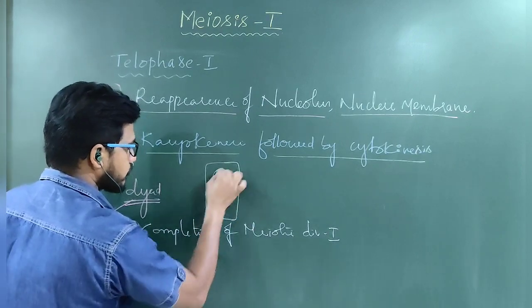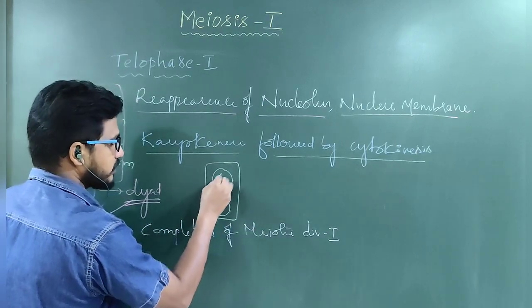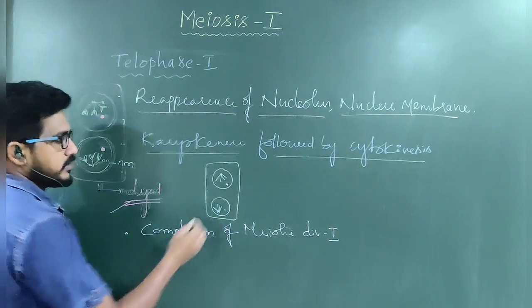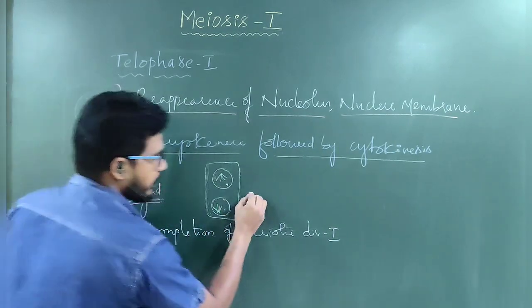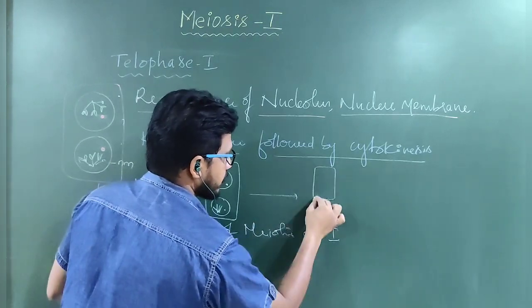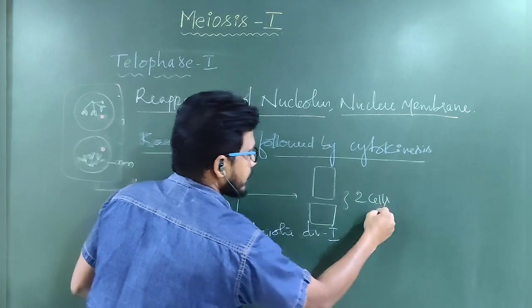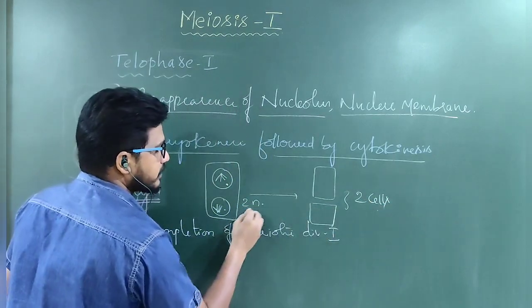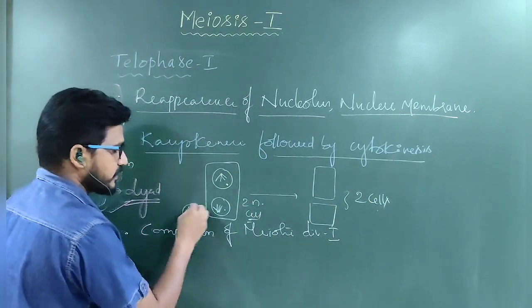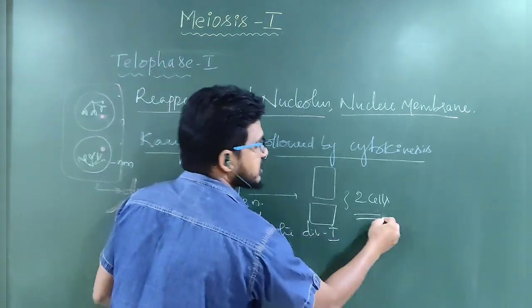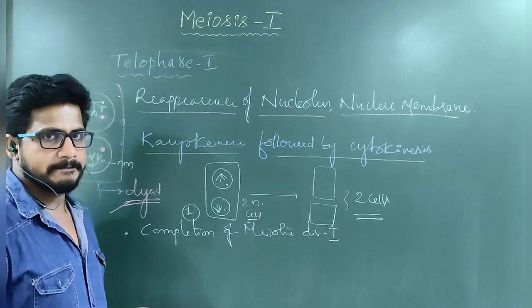Here there are two nuclei with chromosomes inside and the nucleolus also there. This is karyokinesis followed by cytokinesis, meaning two cells. It is a two-nucleated cell: one cell with two nuclei becomes two different cells, each with a nucleus.